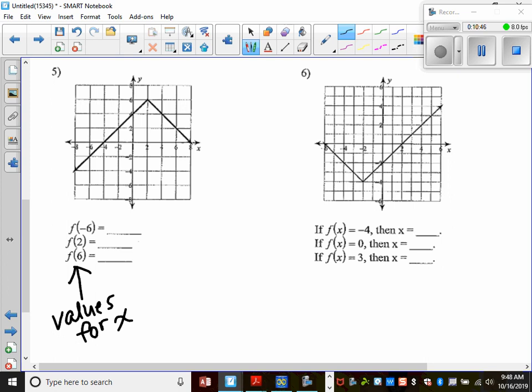When you do question number 6, they're giving you the y values. So these are your y values. Okay, so you've got to really pay close attention if they're giving you x or if they're giving you y. So if it comes after the equal sign, that's the y. If it's in parentheses, that's the x.